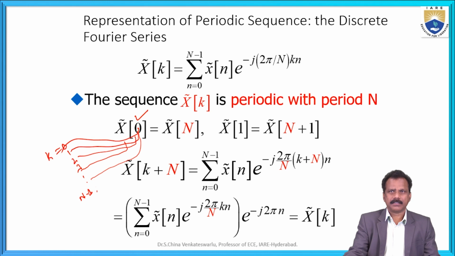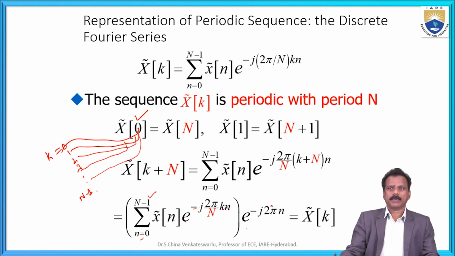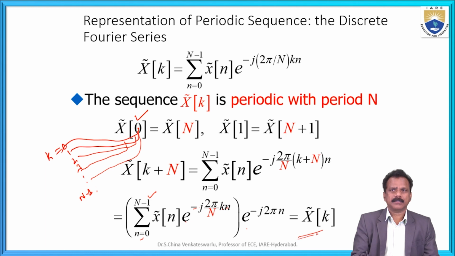Like this, the sequence X of k is periodic with period capital N. So X of k plus N is equal to the summation n equal to 0 to N minus 1 of x of n into e power minus j 2 pi by capital N into kn. The product e power minus j 2 pi into n is 1, so it is nothing but X of k, which is our DFT, the discrete Fourier transform.